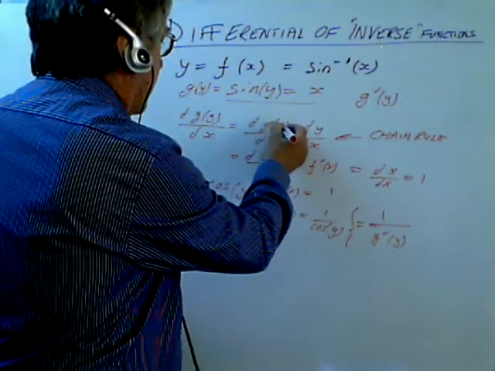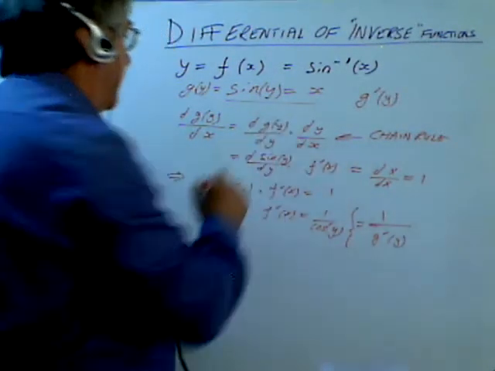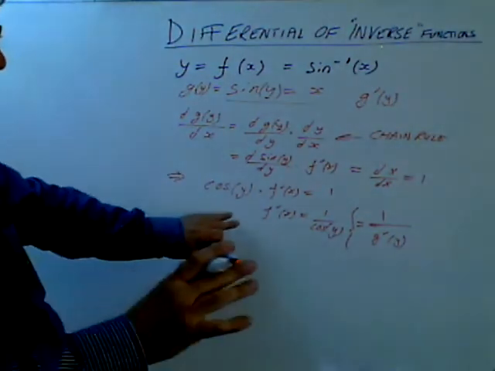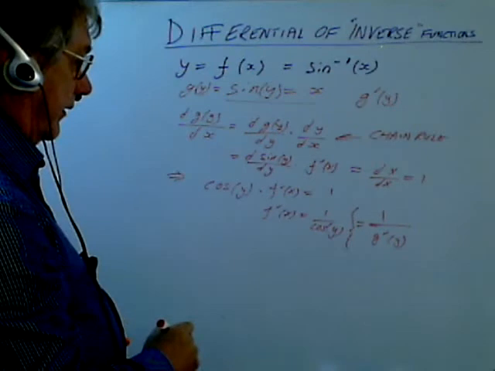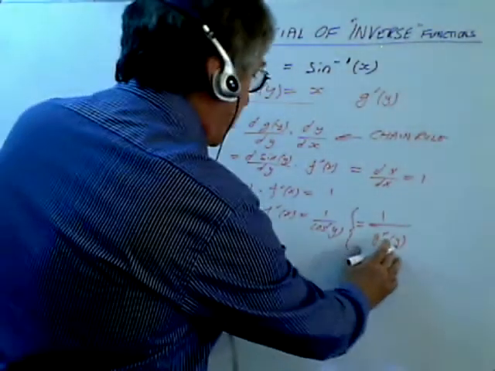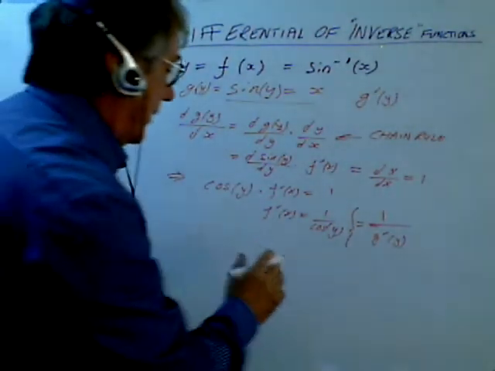My y's look like g's, I apologise. So where are we here? Well, that basically is my answer. So f dash of x is 1 over g dash of y.